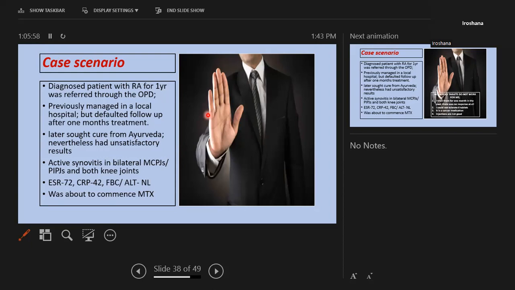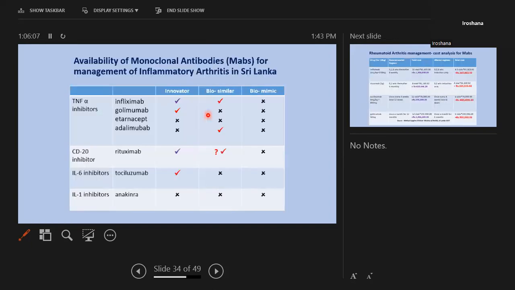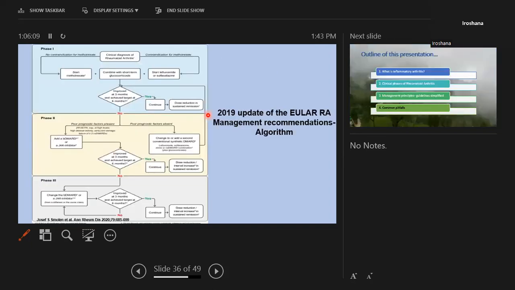Also in Achilles tendon involvement and enthesitis, sulfasalazine is more effective. In that case, you use it, but in erosive disease, even with the guidelines, I'll just go through this guideline. What it says is there are 2 arms.